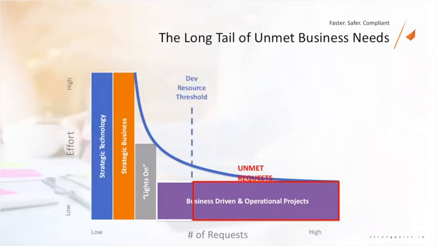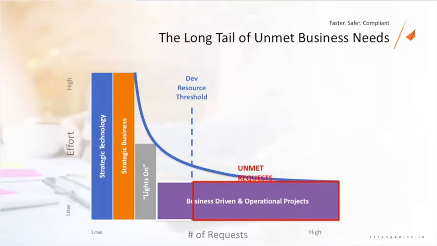So Gartner has taken a lot of look at this, and a Gartner report pointed out the reason why these two perceptions are going on: when you have limited resources, the very important strategic technology and strategic business projects and the lights-on projects, the maintenance work, take up almost the entirety of the dev resources.